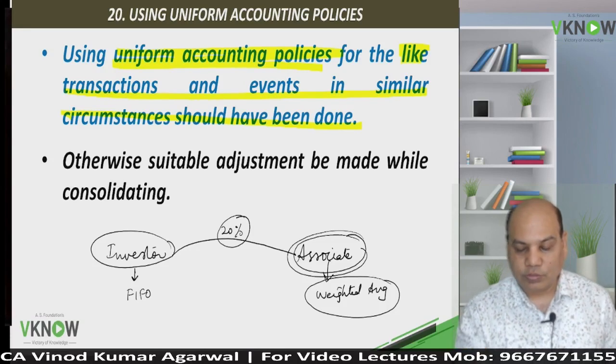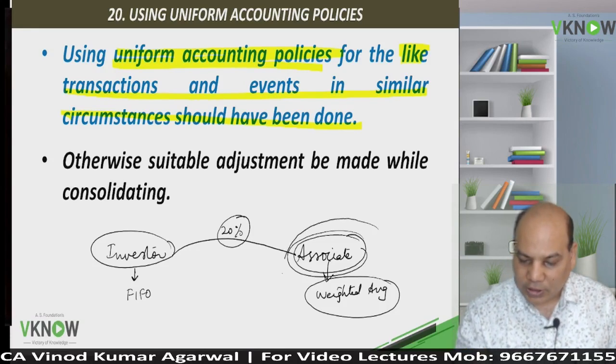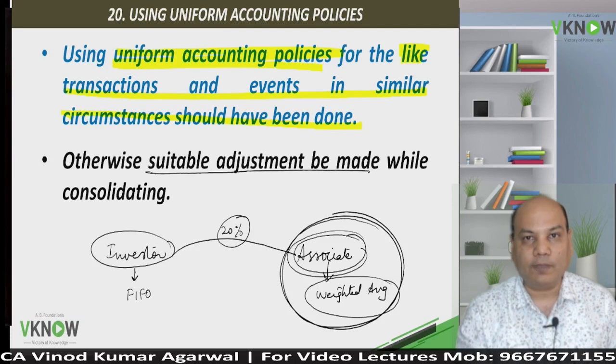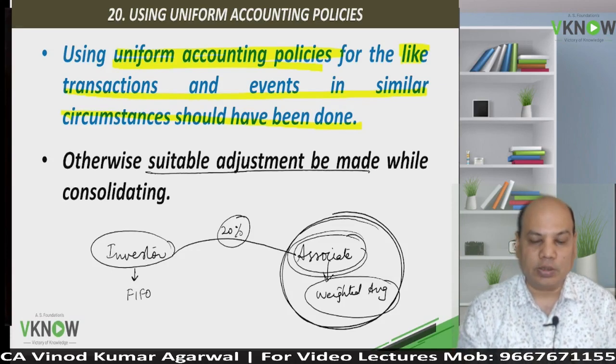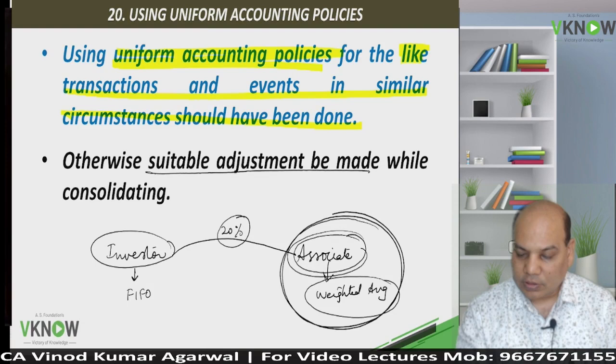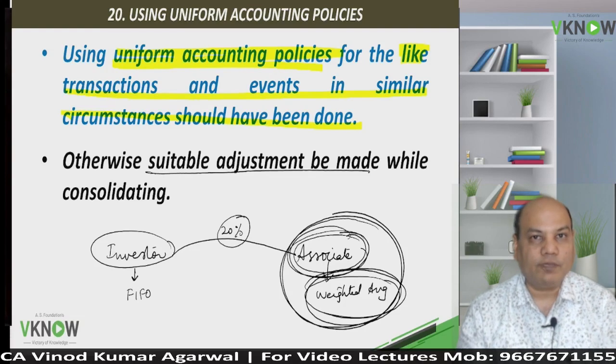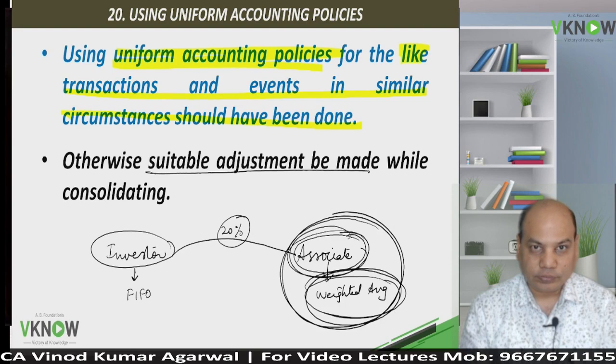So what do I do? I will take the financial statement of the associate and I will make adjustments for the difference in accounting policy. So I will recalculate the profit of the associate as if they had followed the FIFO method. So that adjustment will be done outside the books. Had they followed FIFO, how much would the profit have been?